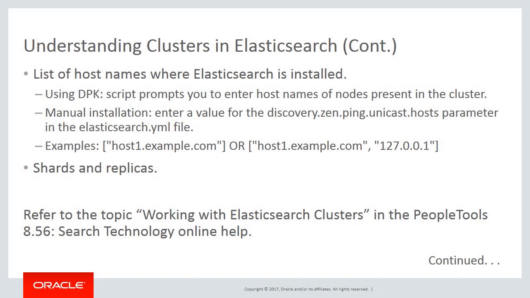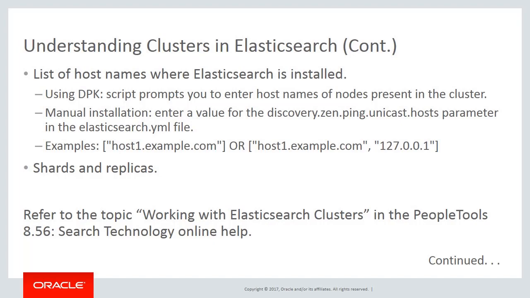List of host names where Elasticsearch is installed. A node name is a symbolic name for identifying the node. The host name is the IP or DNS of the machine where Elasticsearch is installed. Host names or the IP or DNS are required for letting each Elasticsearch server know where it can ping and find other Elasticsearch servers during booting up.